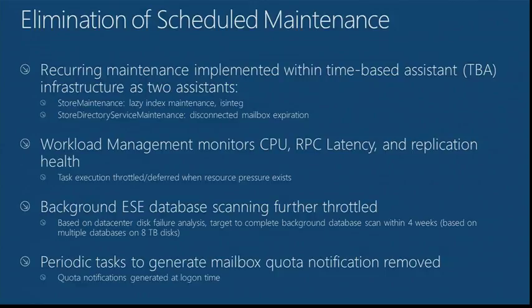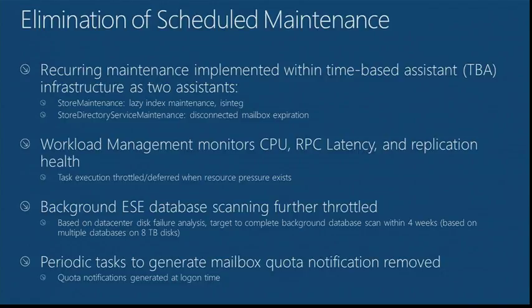And by the way, I didn't mention it specifically, but the resource management that we use is another brand new feature in Exchange 2013 called Workload Management, or WLM for short. We used to call it throttling in Exchange 2010, but it's doing a lot more than throttling now. So now we call it Workload Management because it's looking at all the resources on the box and deciding whether or not things should be throttled back.